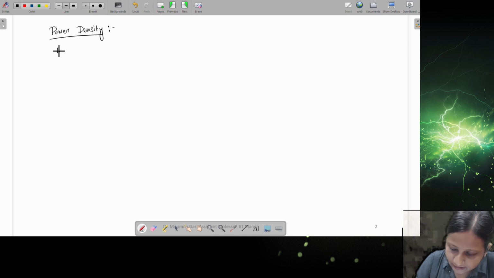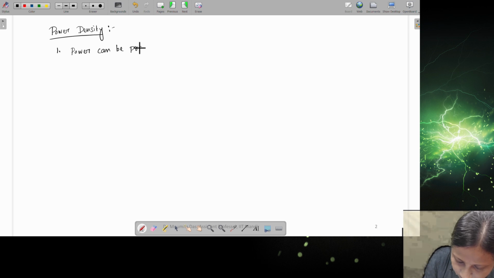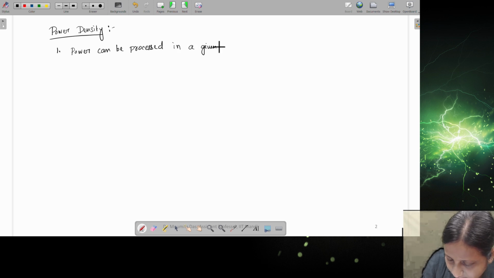So basically the definition is that power can be processed in a given space.